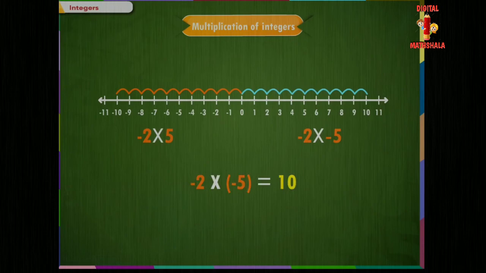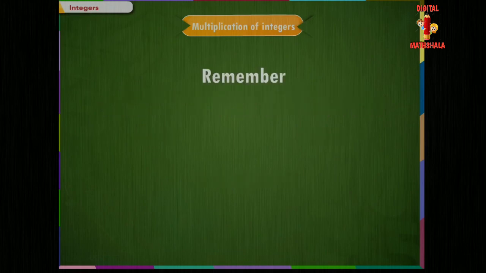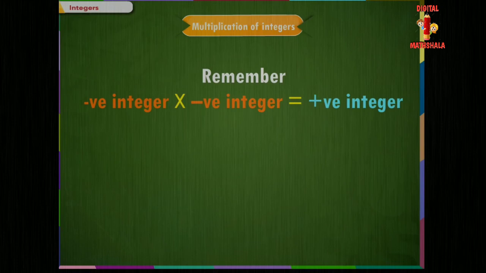Thus, a negative integer multiplied by a negative integer gives a positive integer. Remember, when we multiply two integers with negative signs, we always get a positive integer as the product. For example, minus 9 into minus 3 equals 27.